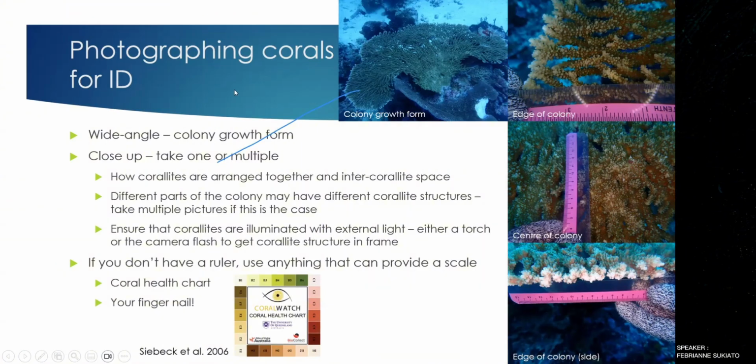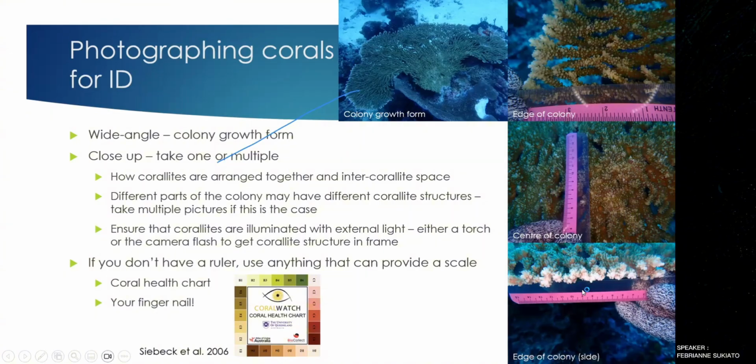So for photography of corals for identification, as I said, we want a wide angle shot of the colony growth form, and then close ups of distinct parts of the colony. So for example, a table, we want to take pictures of the side, the middle, and the very edges of it.